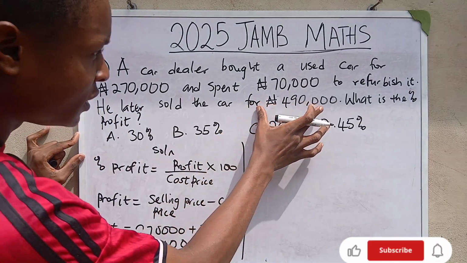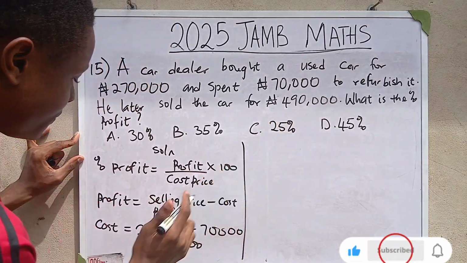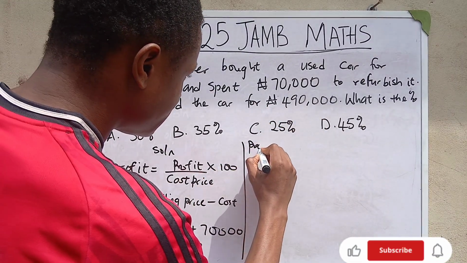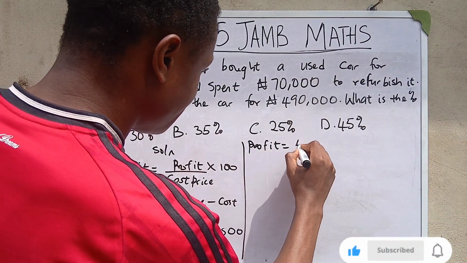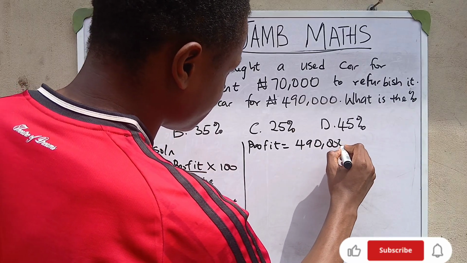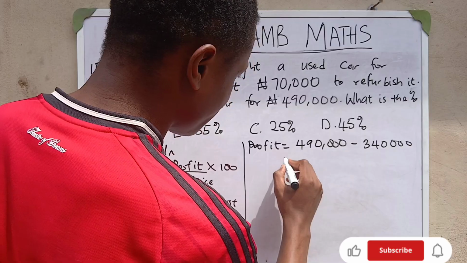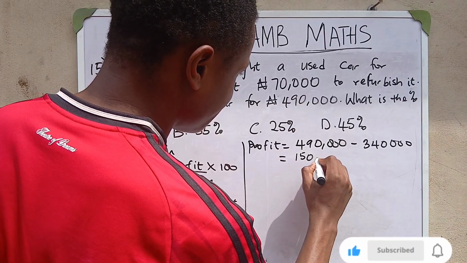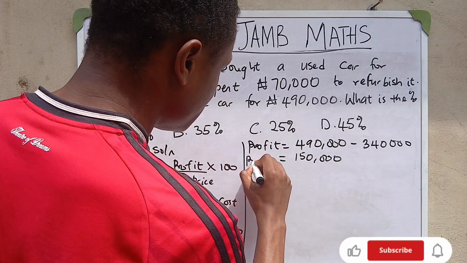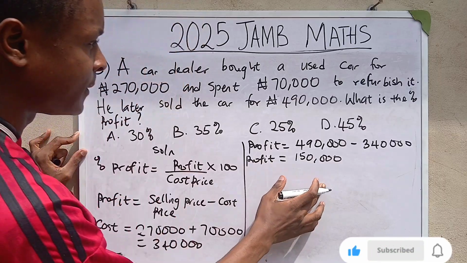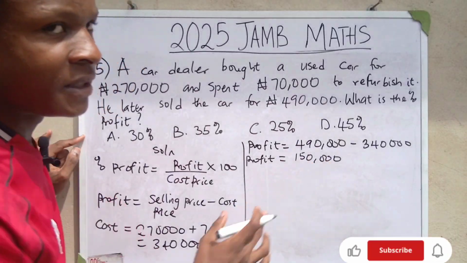He now sold it for 490,000. So our profit is 490,000 minus 340,000, which is 150,000. So the profit the man made was 150,000.